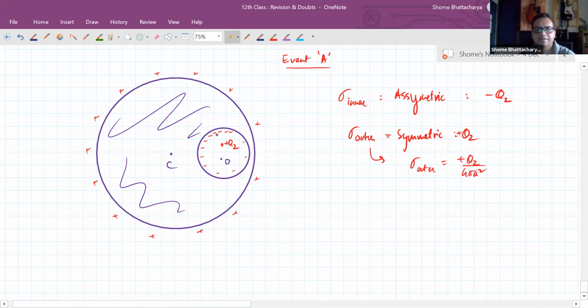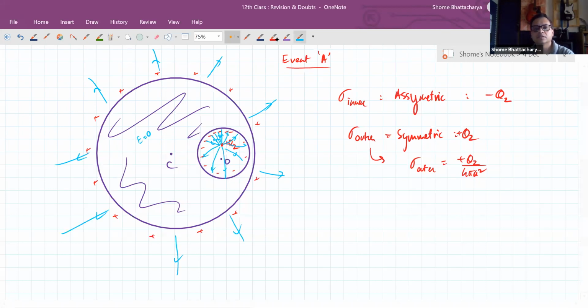Now talking about the electric field, we have field lines which are like this. Asymmetric kind of field inside, but radially symmetric field outside. And in this region, of course, electric field is zero inside the conductor.